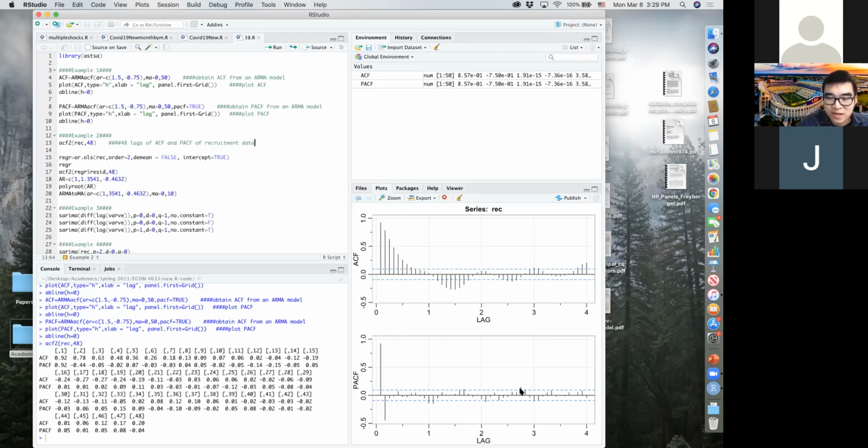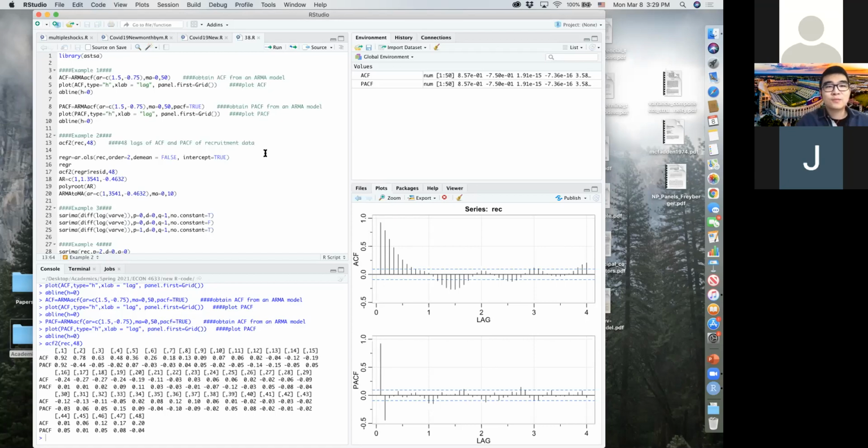Even though there are some of them out of the confidence interval, it is not as large as in the ACF plot. So to me, or I mean to most people, this is more like the PACF cuts off at lag number 2, while the ACF tails off.